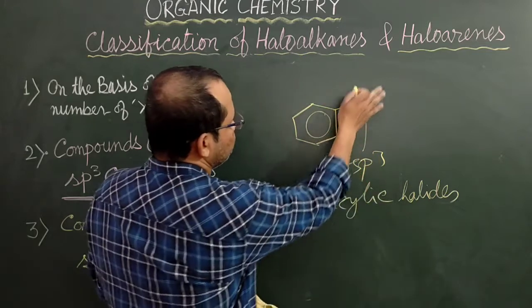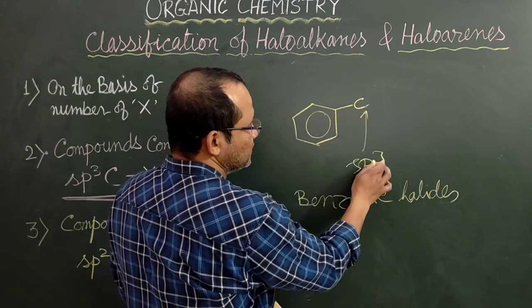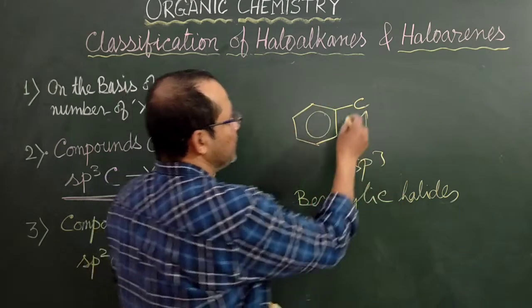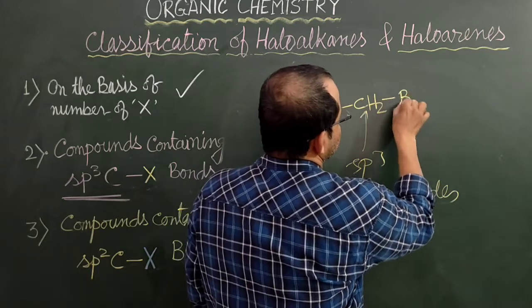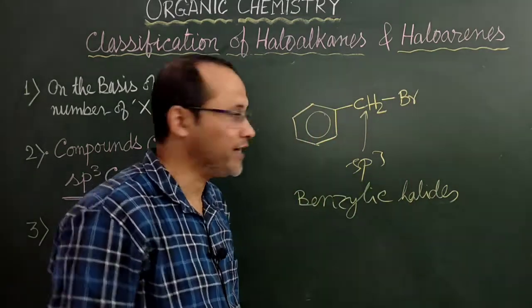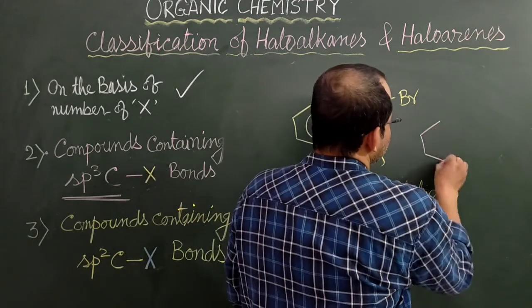So remember this thing, anything like this, and if this carbon is sp3, then this will be benzylic halides, and particular example will be like this. This is one of the benzylic halides, maybe this one also.